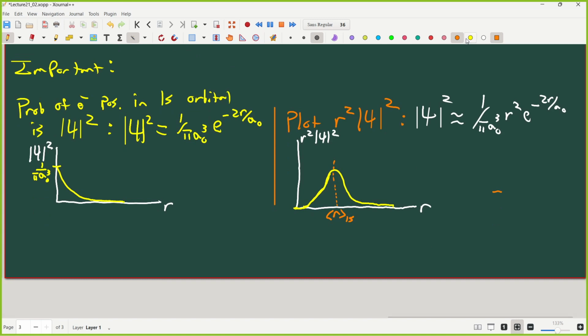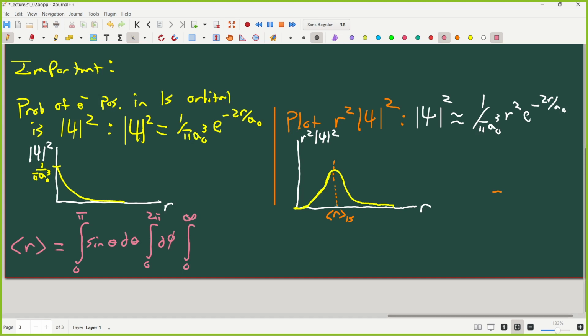So I'm just going to stick it at the bottom. We're almost done. So r is the integral from 0 to pi of sine theta d theta, the integral from 0 to 2 pi of d phi, times the integral from 0 to infinity of... once I do all the math out, let me just multiply it.